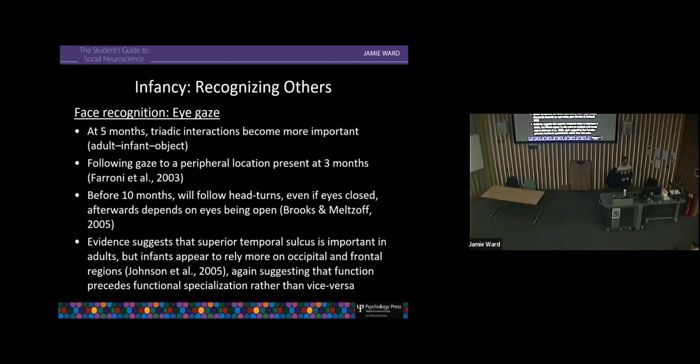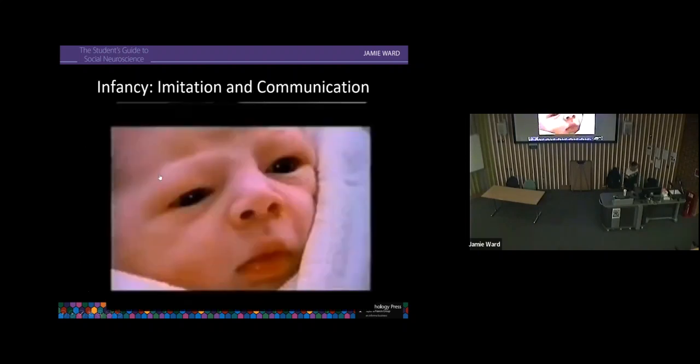They solve these joint attention problems more with, for example, their occipital lobes and their frontal cortex, and then eventually it becomes more specialized in the adult region. So again, it's as if the behaviour comes before the neural specialisation, is what they're claiming.